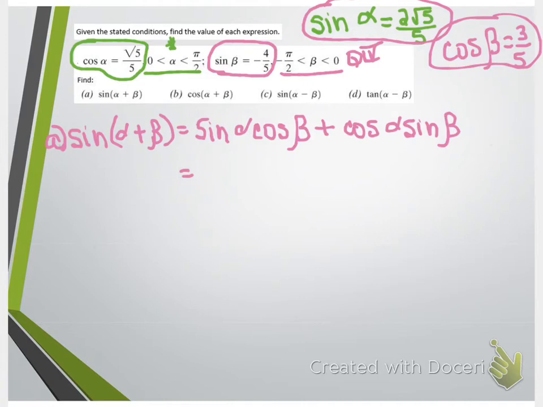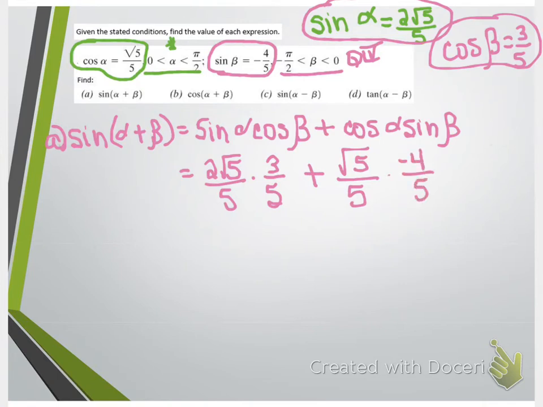So sine of alpha, we already found that. We found that it was 2 root 5 over 5. Cosine of beta, we found that's 3 over 5. Cosine of alpha was root 5 over 5. And sine of beta was negative 4 over 5.